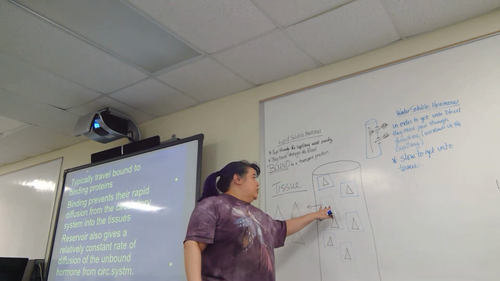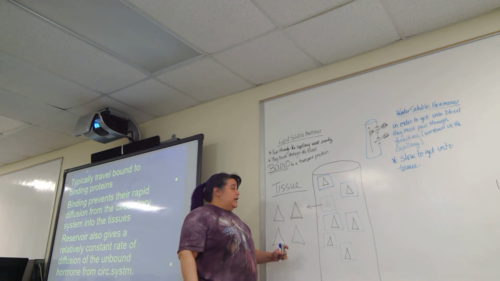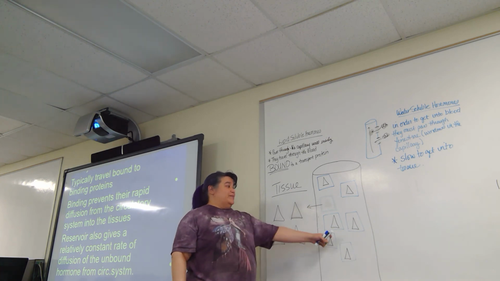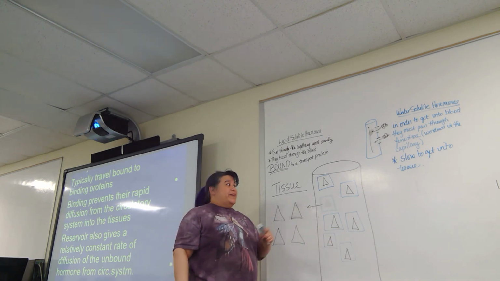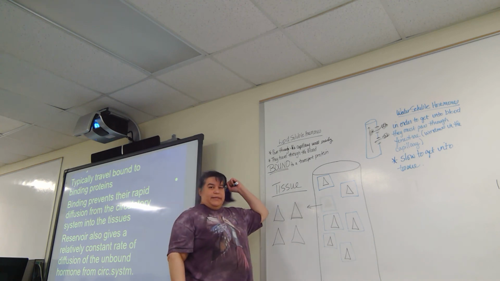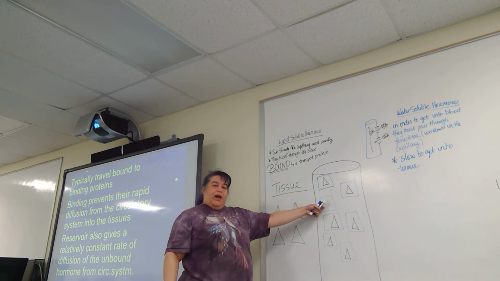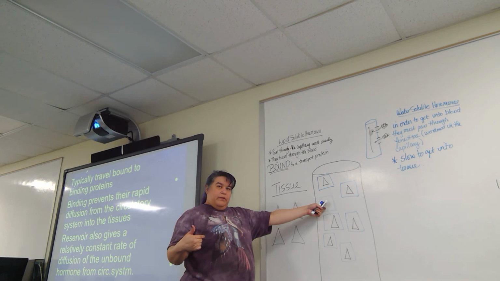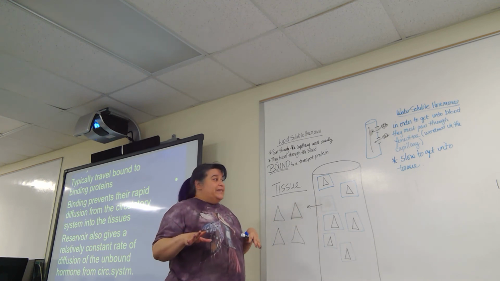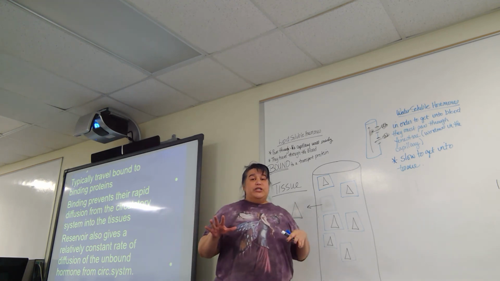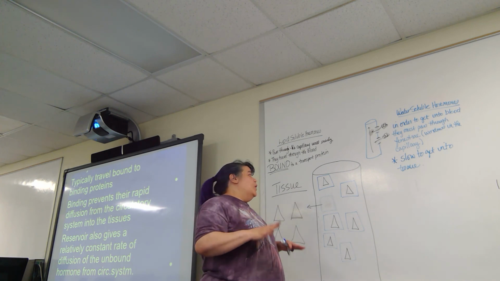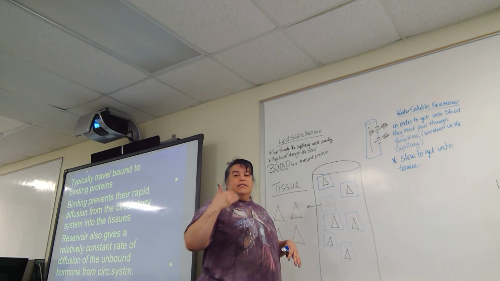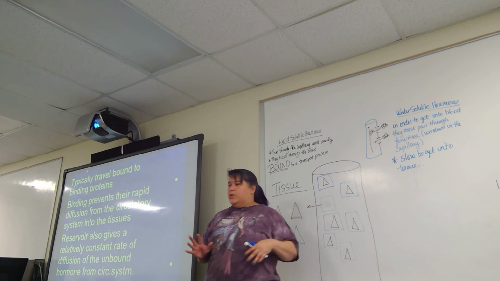The thing is, you'll notice that I very intentionally have 4 in the tissue and 6 in the bloodstream. So even if all of these go out at the same time, all 4, I've got enough in the blood to replace them, okay? So it isn't just a one-time thing. This is constant. This is how it always works.